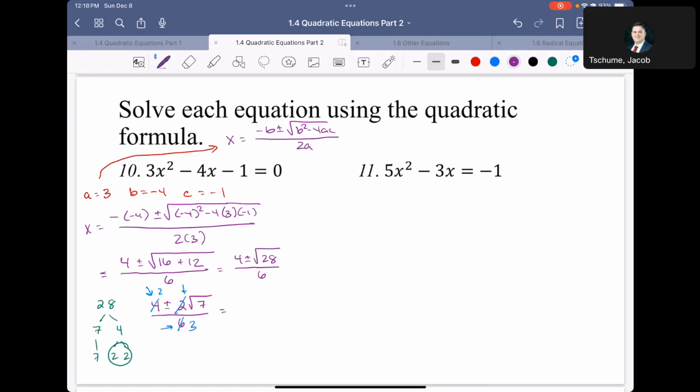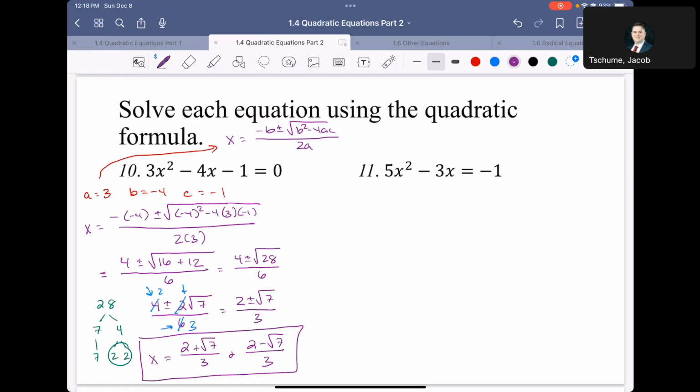If we were to write this out, this would be 2 plus or minus the square root of 7 divided by 3. And so remember, on your homework, you'll have to write this as separate answers. So you'll have 2 plus root 7 over 3 and 2 minus root 7 over 3. That is your two solutions for number 10.